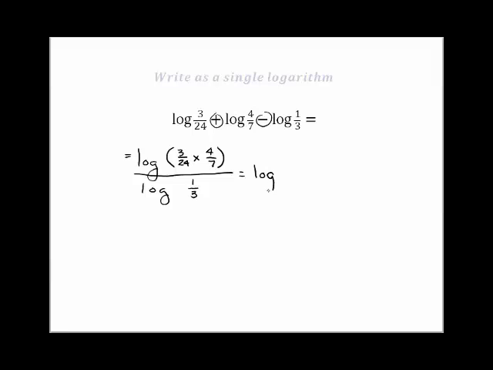So how do we do that? The log of 3/24 times 4/7. And how do we get rid of a fraction in a denominator? Do you remember those fractions? We invert it and put it in the numerator, right?